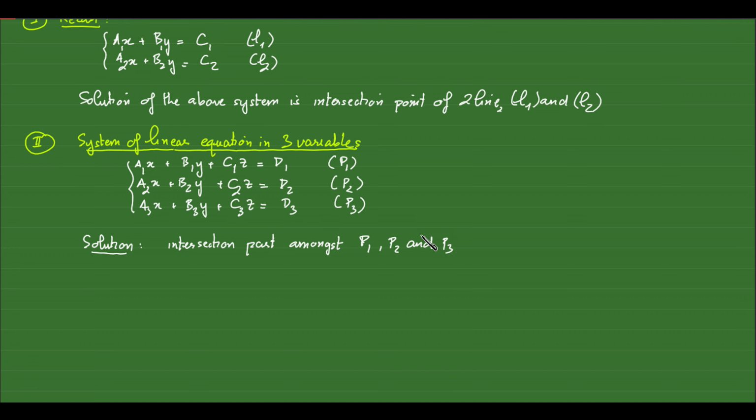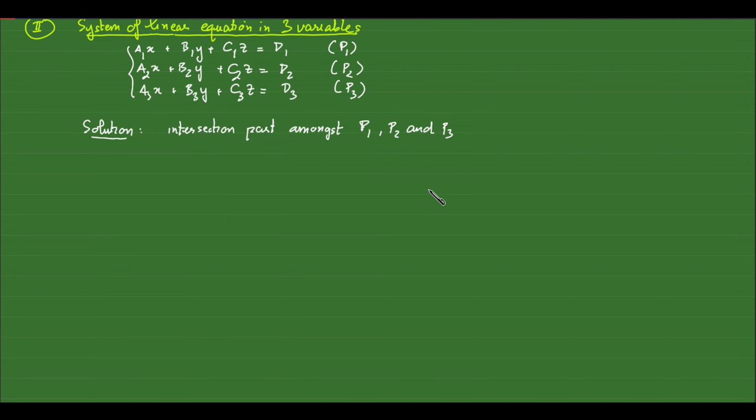So this is the intersection part. So what does that part look like? If we have three planes, just imagine I have three planes like this. Okay, let me draw a plane. Geometrically, this is a solution of the system of linear equations in three variables.